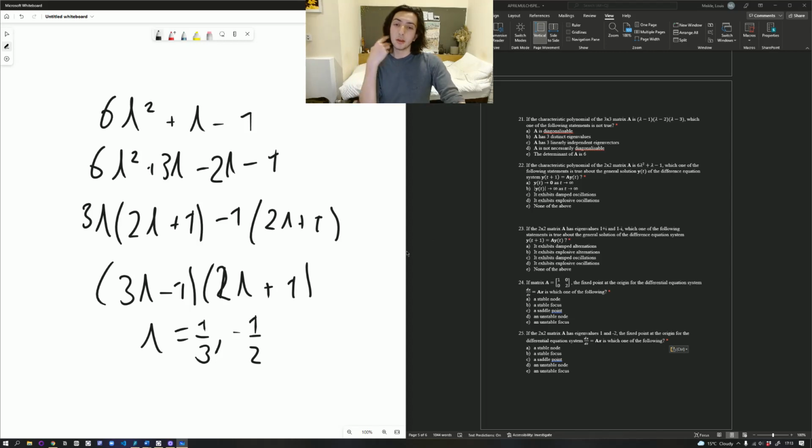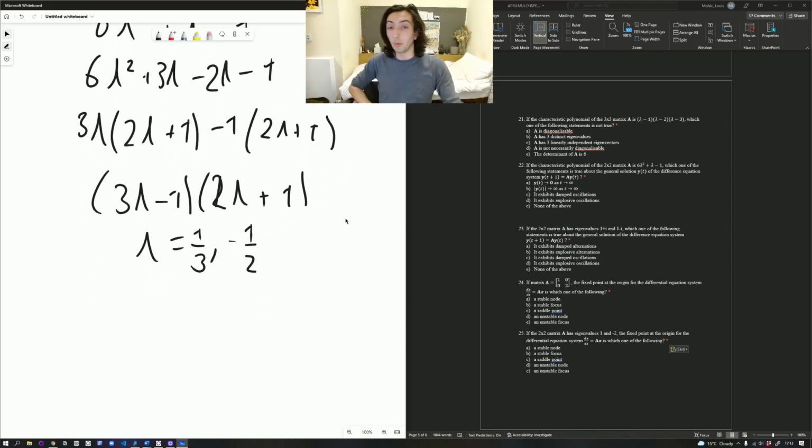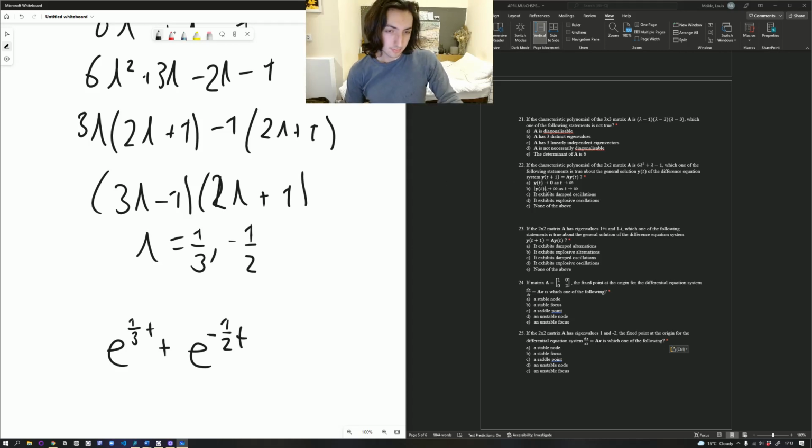Putting that into what we would have for our general solution, we'd have something like a e to the third t plus a e to the negative half t. I'm not adding in the vectors or the constants yet because I'm just modeling this, and we want to look at stuff. First of all, it won't exhibit any oscillations.